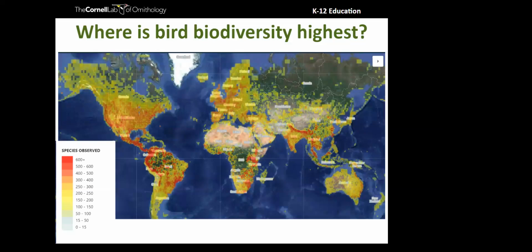This is another way of looking at the globe. I actually pulled this straight from eBird today. This is, in a particular location, how many species have been observed. Now, you'll notice that the United States has pretty high numbers of species.